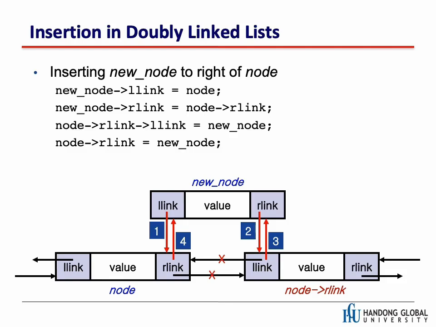But if we change the order, if we update node R link first, then the second line of this code segment is not going to work. So when we handle these pointers, we should be careful with the addresses. Once we lose an address of a memory space, there's no other way to recover. So we shouldn't lose any addresses of any nodes. We have to keep pointing to that memory space until we change another pointer which was pointing to the node. So be careful when we change the pointers.